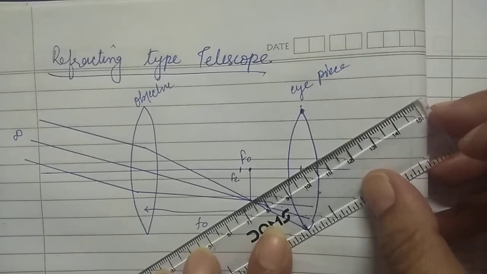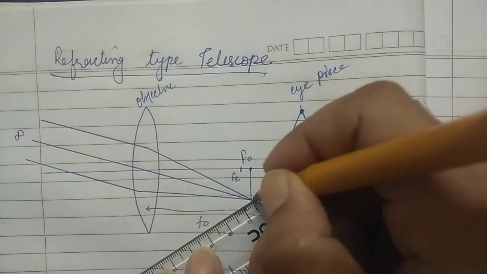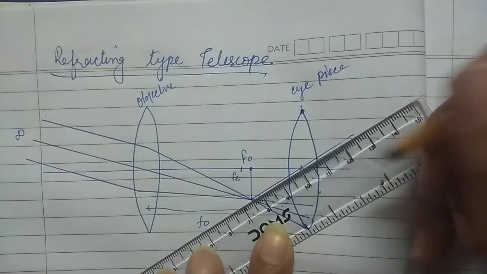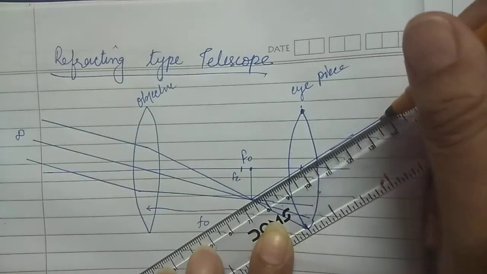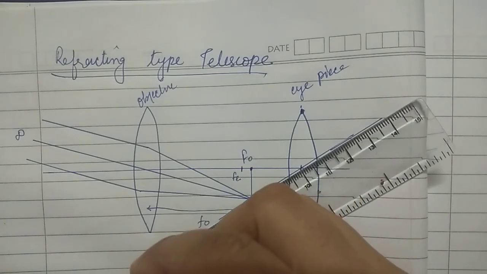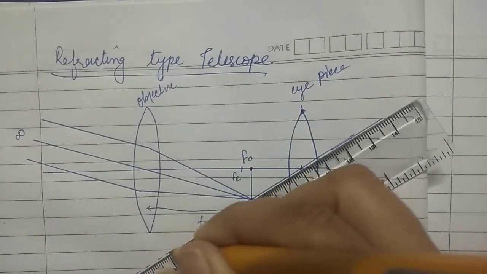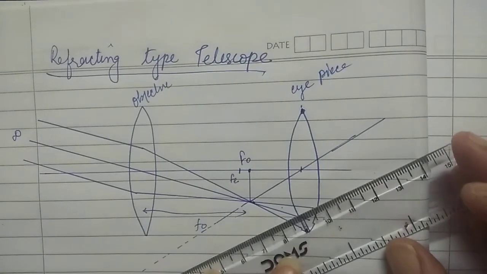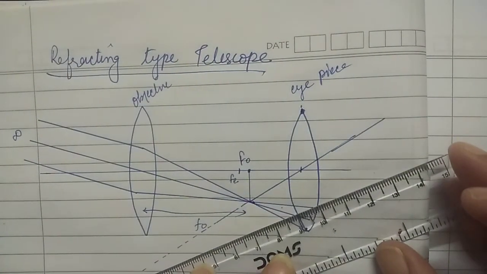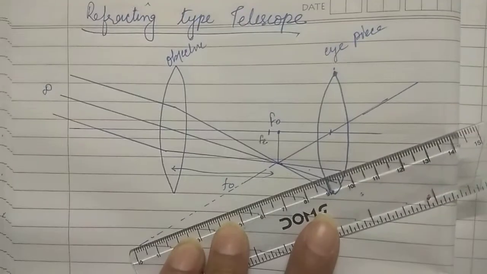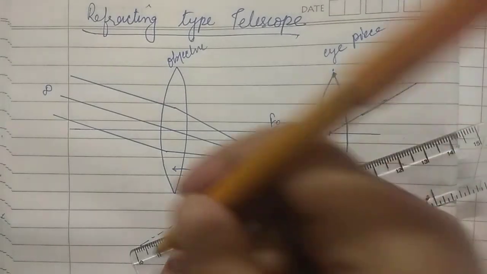First I'm going to draw the ray which is passing through the optical center. Here we will get the virtual image by extending this ray in the backward direction. These rays can also be drawn, so you can see how I'm drawing the rays.